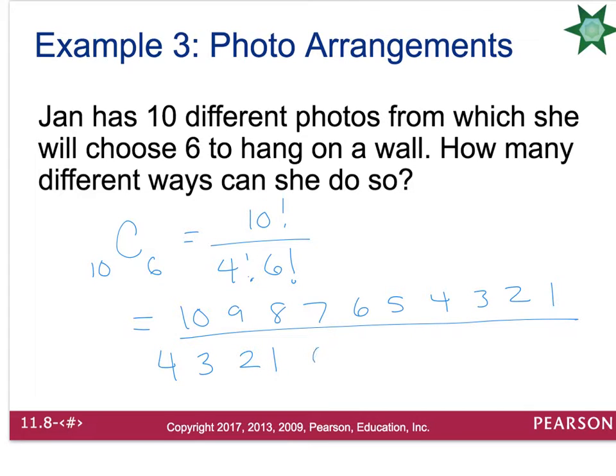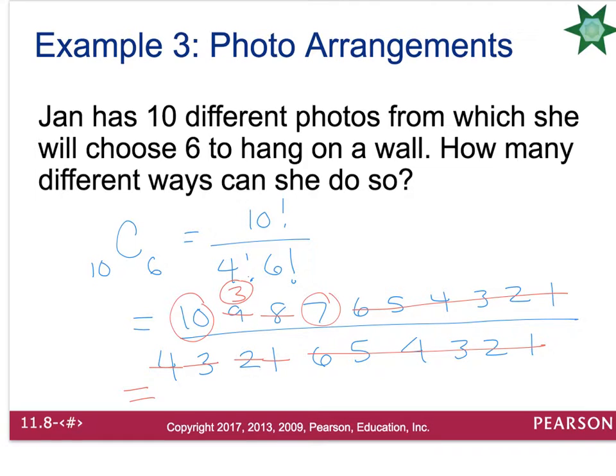And 6 factorial would be 6, 5, 4, 3, 2, 1. So you can start eliminating the 6, 5, 4, 3, 2, 1 from both the top and the bottom. You can also eliminate the 1 in the bottom. 4 times 2 is 8, so you could eliminate the 8 in the top. And 3 goes into 9 3 times. So in your numerator, you can take 10 times 3, which is 30, and 30 times 7, which is 210.